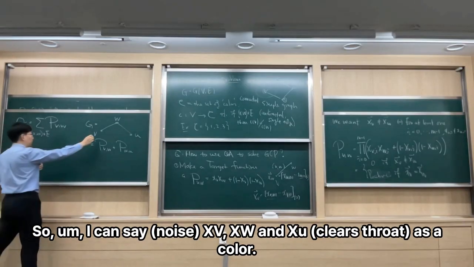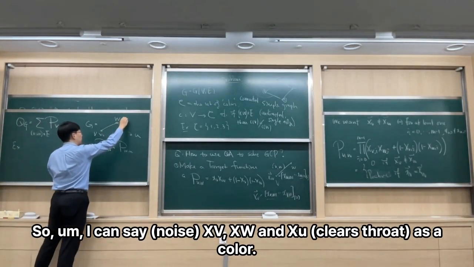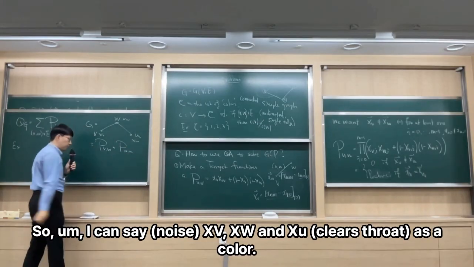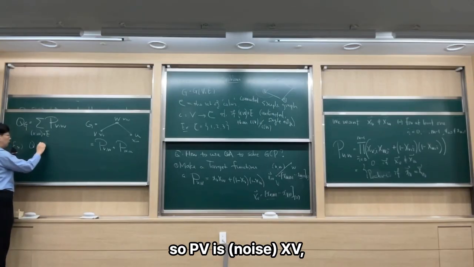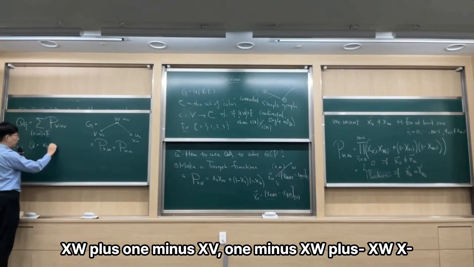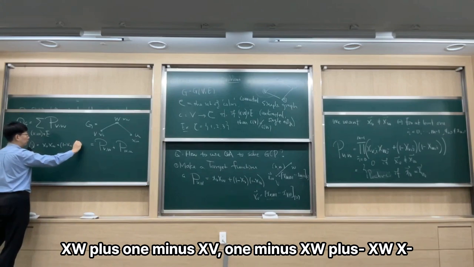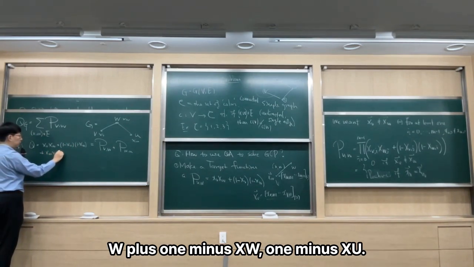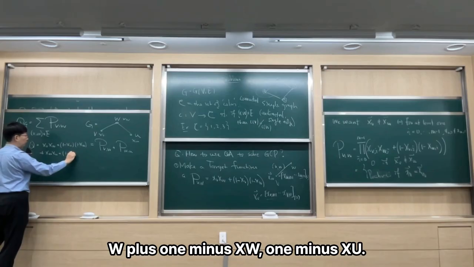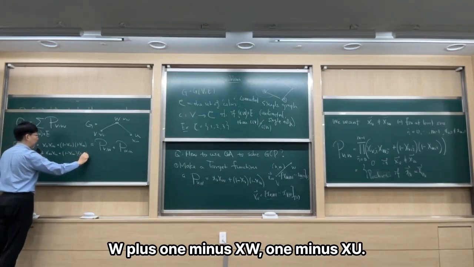So I can set x_v, x_w, and x_u as the colors. In this case, P is x_v x_w + (1 - x_v)(1 - x_w) + x_w x_u + (1 - x_w)(1 - x_u).